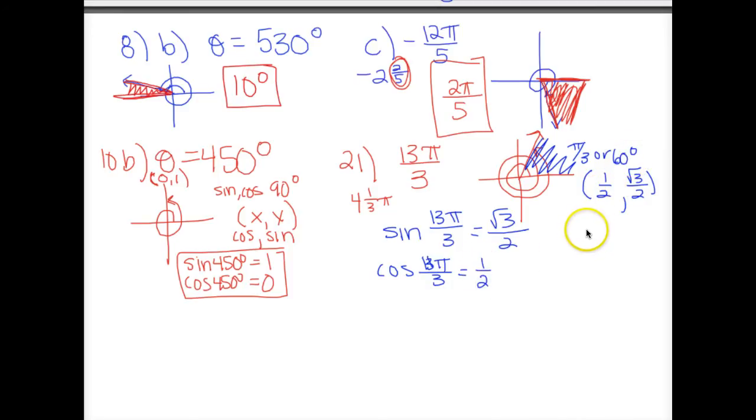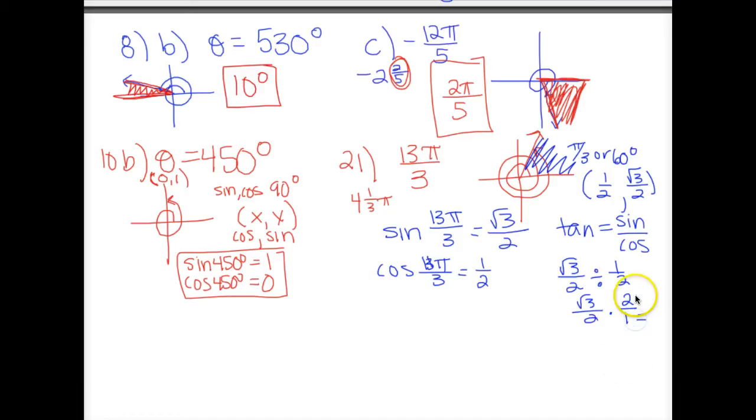Remember that tangent, you always have to do some work on. Tangent, we find by taking sine and dividing it by cosine. So the sine value is radical 3 over 2. I want to divide that by 1/2. Remember that when we divide fractions, it's multiplication by the reciprocal.